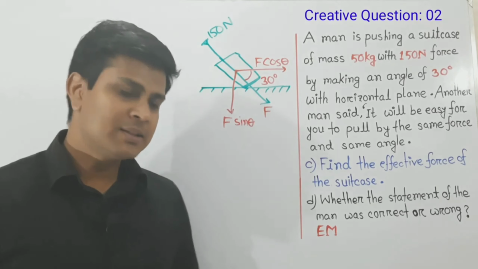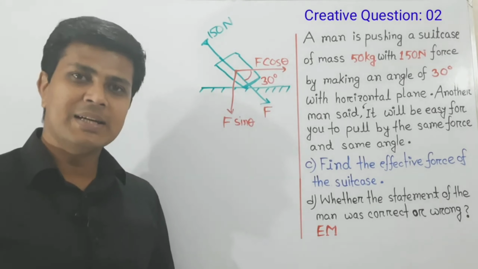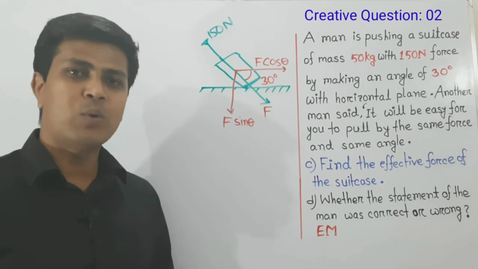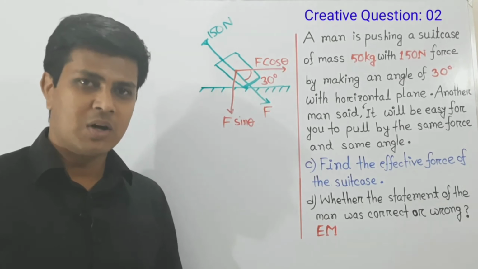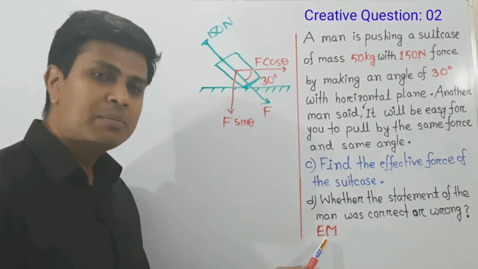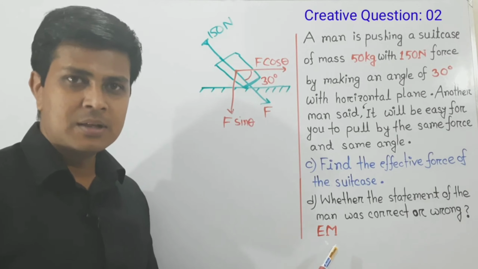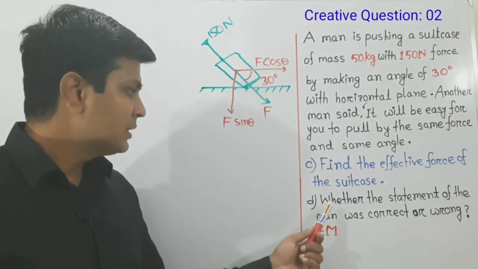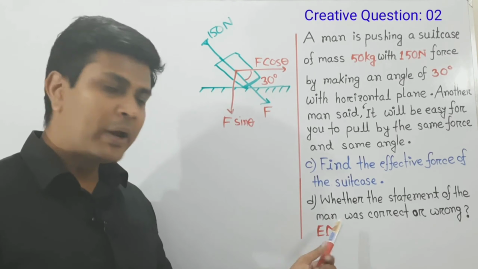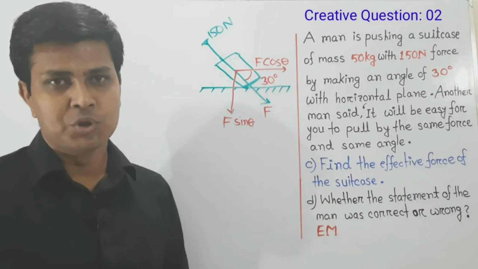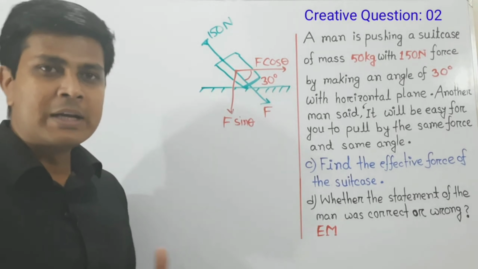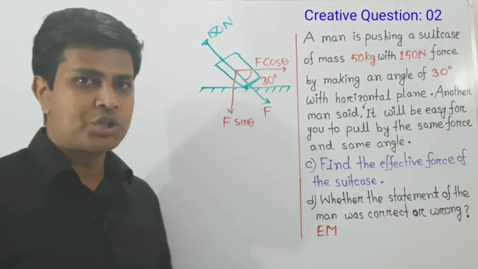Now question number D. The question is whether the statement of the man was correct or wrong. EM means explain mathematically. That means we have to calculate the apparent weight for pull and push. First, let's consider in case of push.